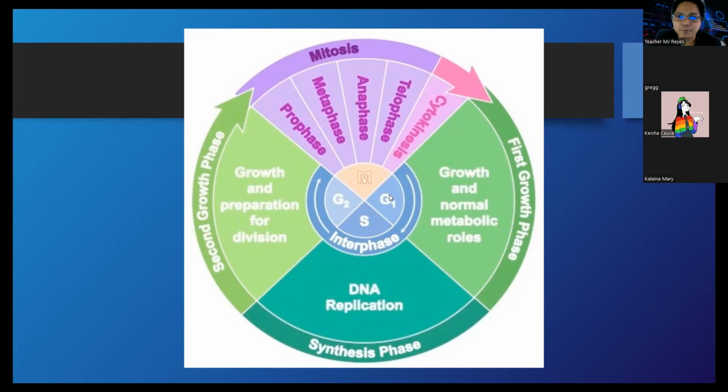Interphase is the preparation and includes G1, S, and G2. That's how the cell prepares itself. Prophase, metaphase, anaphase, and telophase are the phases of cell division. Cytokinesis is the splitting of the cell into two daughter cells.